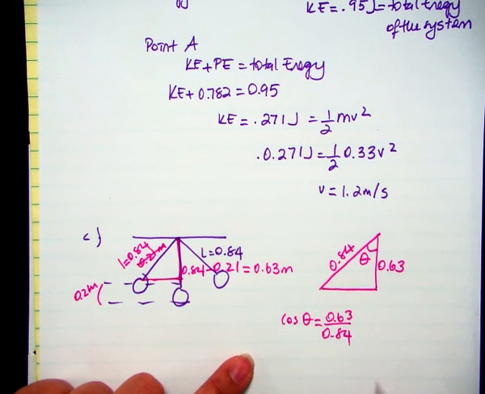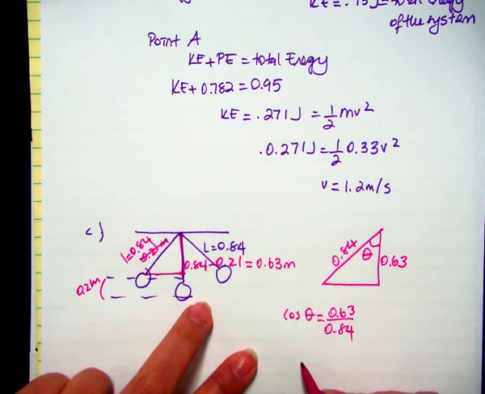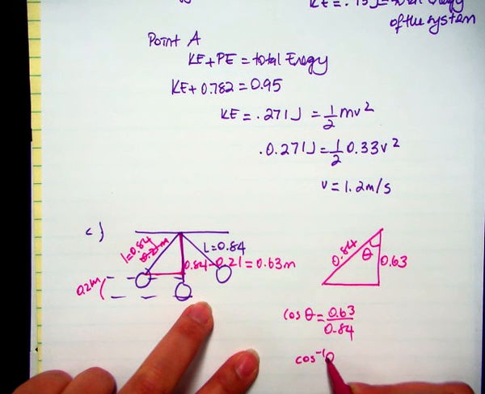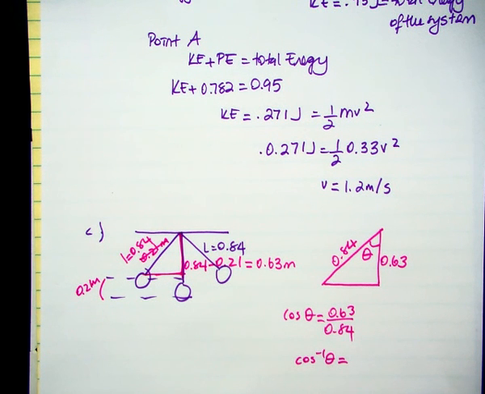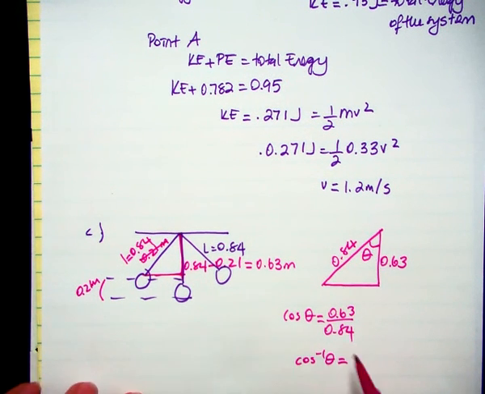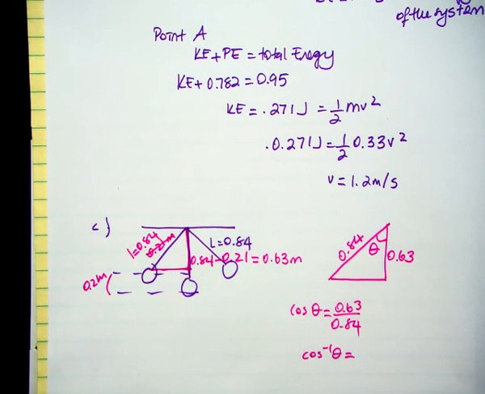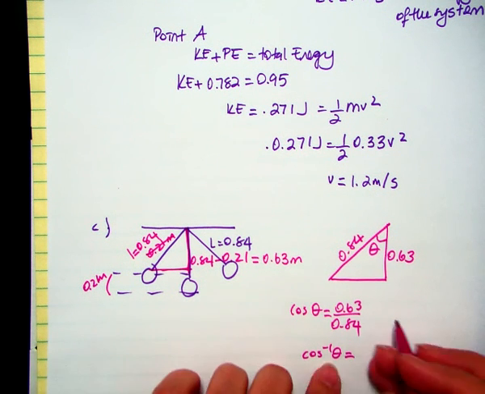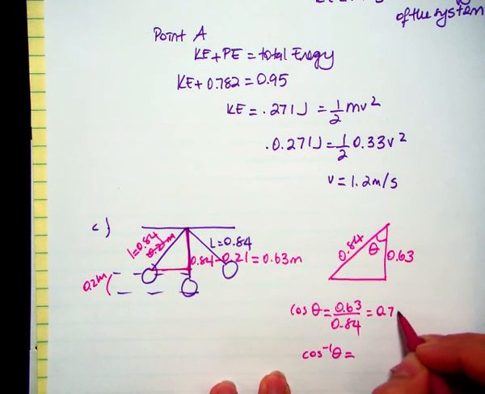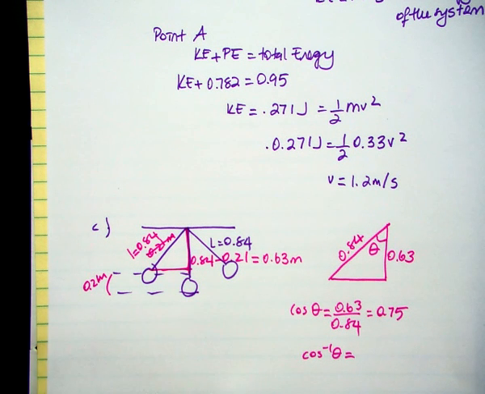So if you find the inverse cosine, that will give you the angle. 0.63 divided by 0.84 is 0.75. And then if you find the inverse cosine of that, the angle will be 41 degrees.